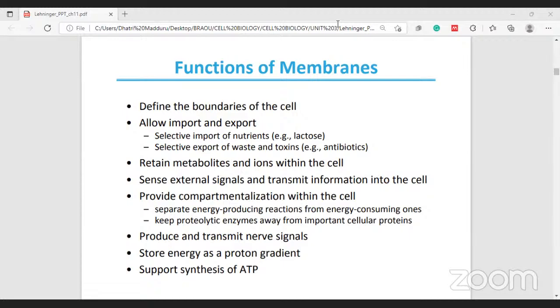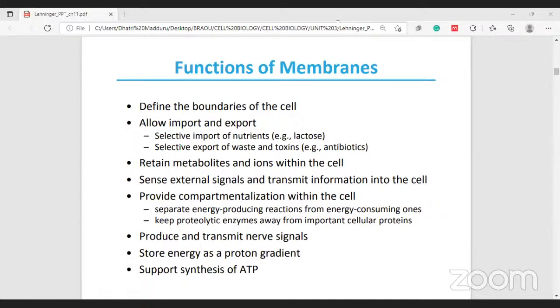And the next is they sense external signals and transmit information into the cell. So if there is any signal or stimuli from outside the cell, for example, in the case of the immune system, if any antigen enters, then definitely that signal goes to the immune cells, like phagocytes, neutrophils, all these. So they will get activated, right?